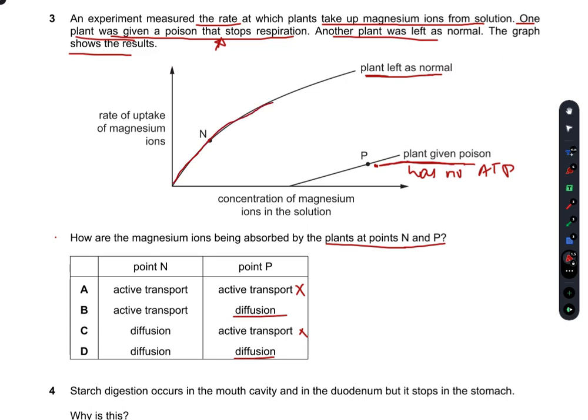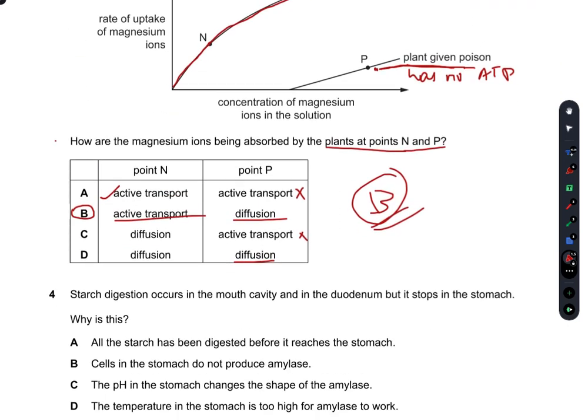It means the plant was carrying out active transport in its normal state, but when the plant was given poison, it had to absorb magnesium ions via diffusion. Ordinarily active transport is taking place, whereas diffusion takes place in exceptional cases, as the plant was given poison in this graph. So B is the right option.